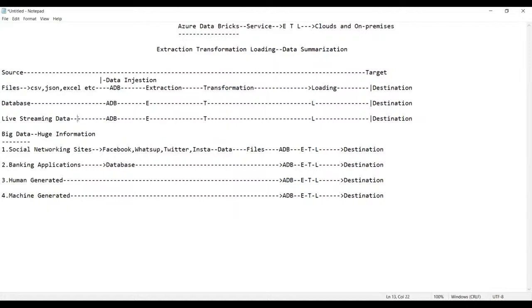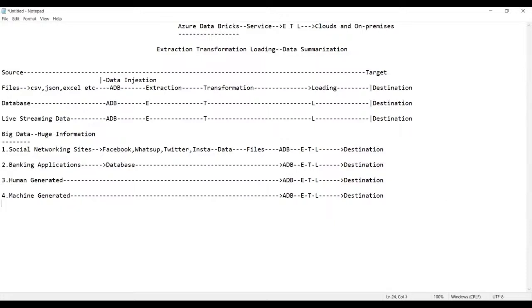It is more similar to a cricket match: we all watch matches, and in that you have a live score. That is called live streaming data. We can capture even the live streaming data and perform the job here.